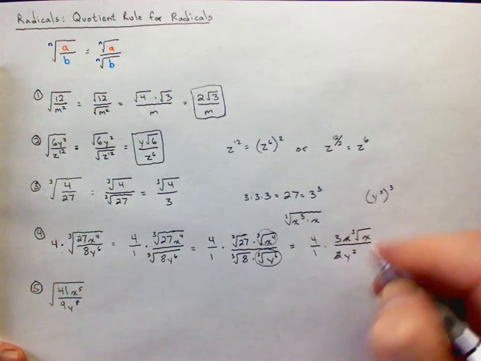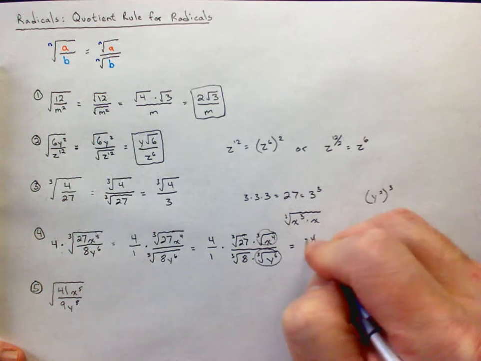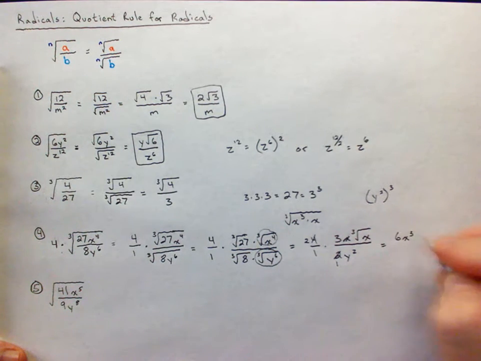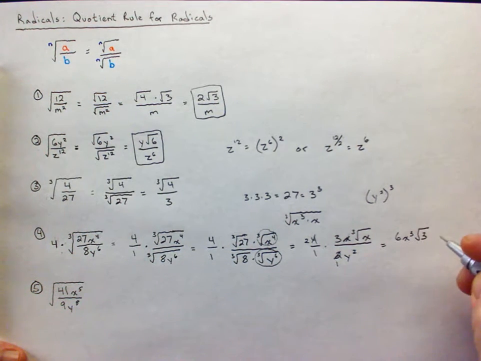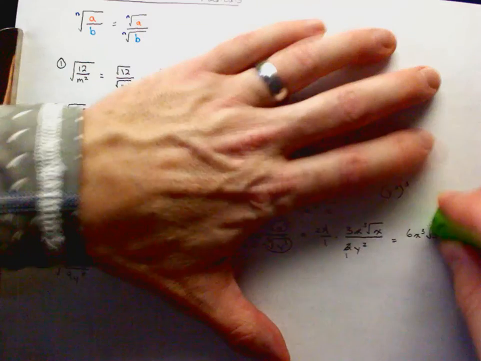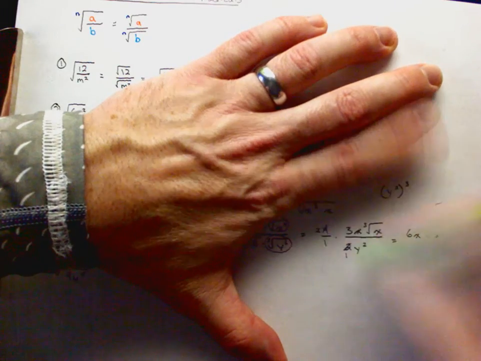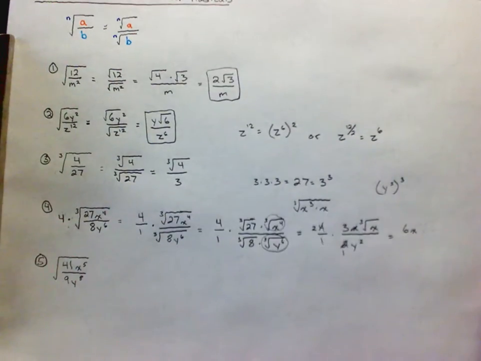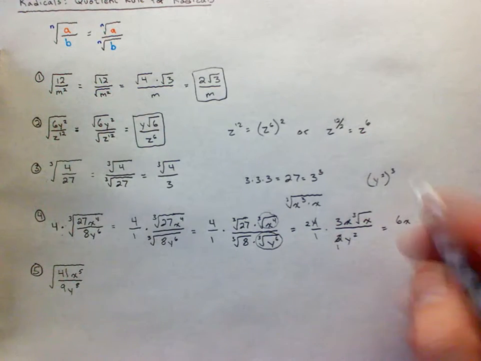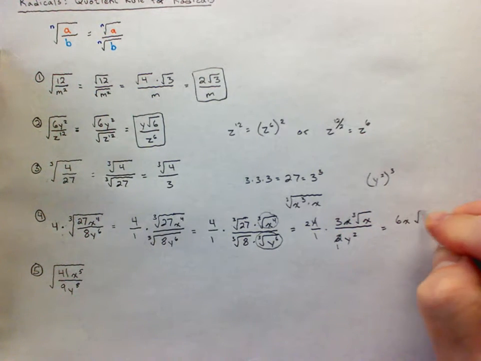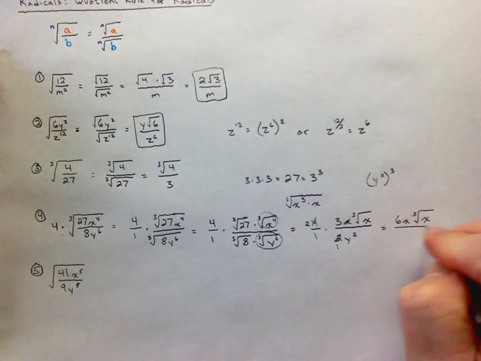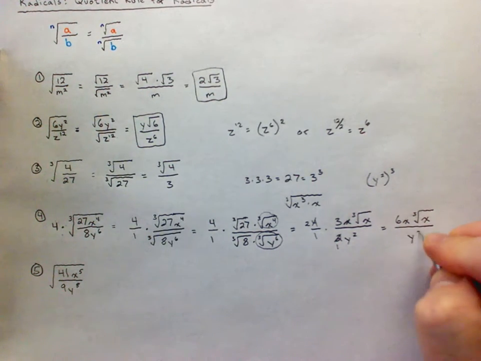Simplify. I'm left with 6x radical x. I'm sorry, that's not a square root. My root indexes, I thought I could make it through there without messing one of them up. Cube root of x over y squared.